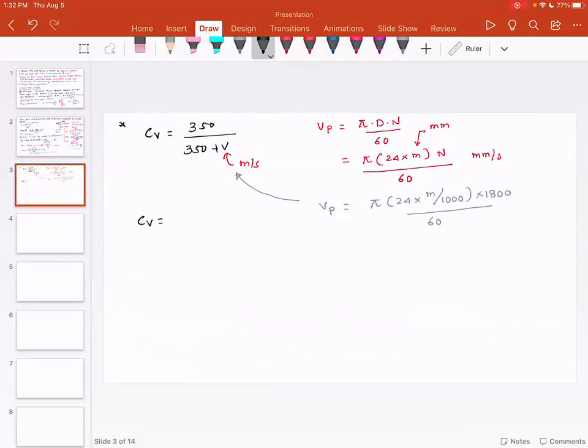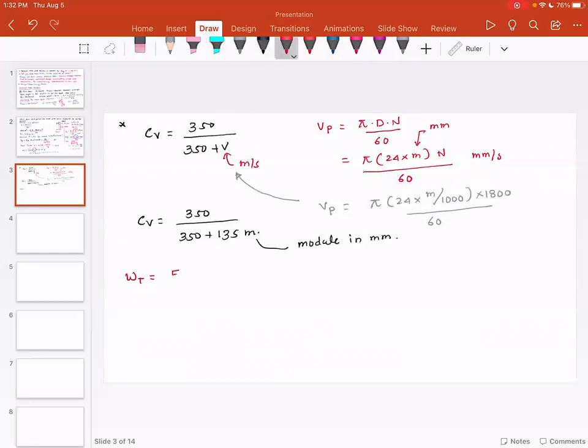Once you perform these calculations, you should obtain 350 divided by 350 plus 135 m. And once that is done, this m to start with was the module in millimeters.